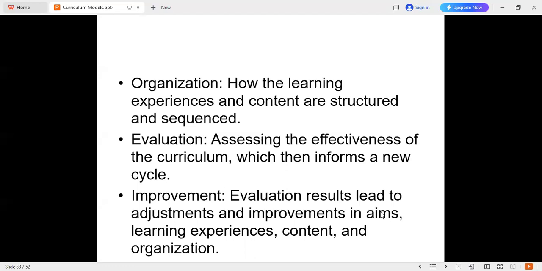In the 1990s, 30 years back, 1997, we introduced competency based education with a lot of expectation.